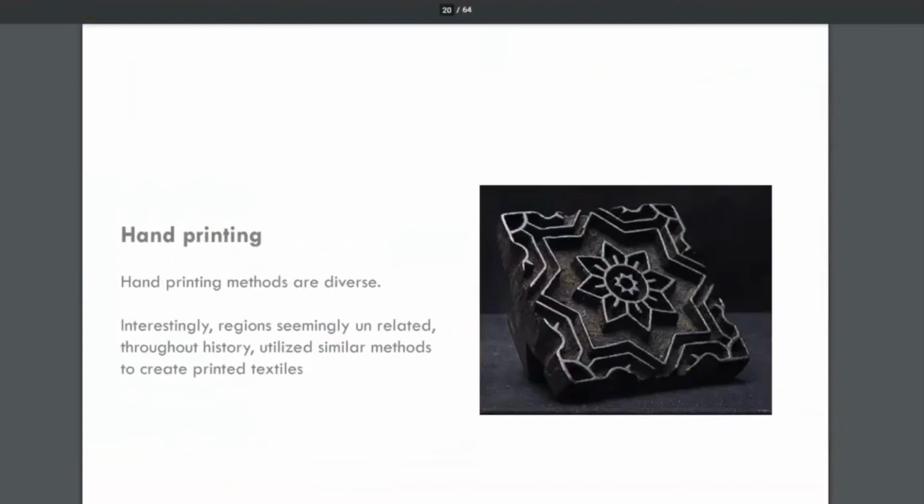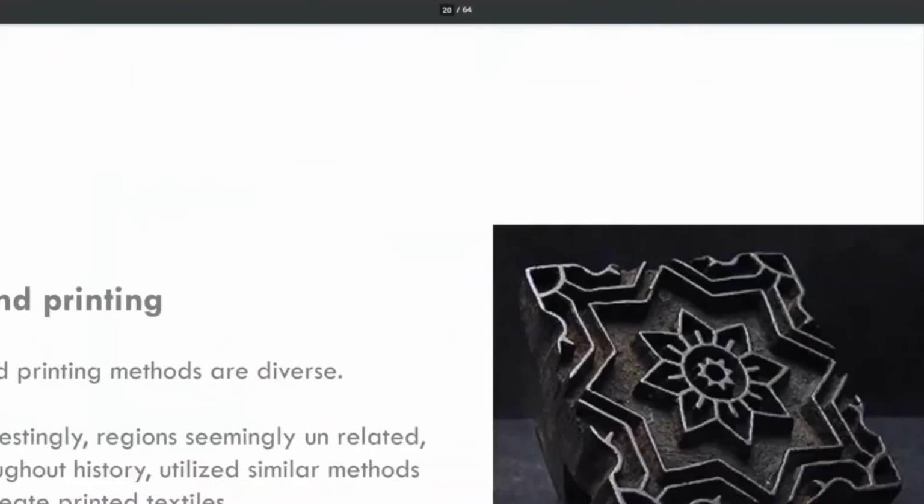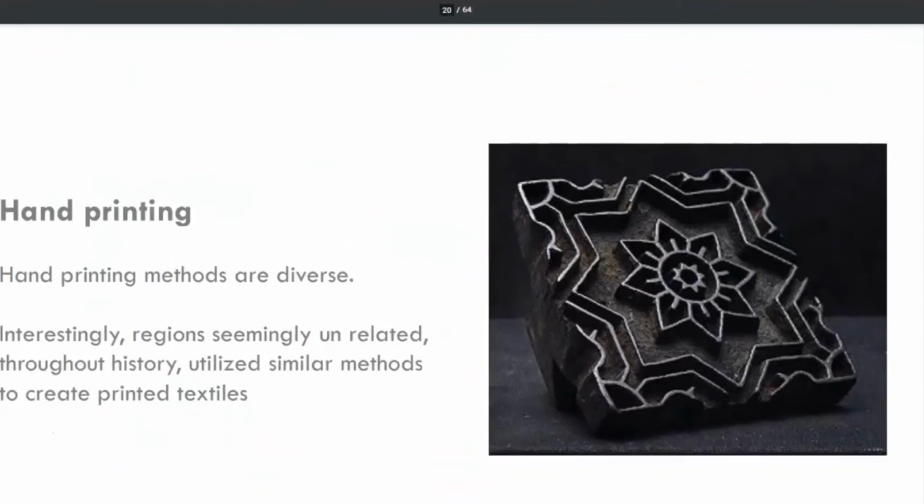And there are different types of printing methods. The first we'll look at is hand printing. So hand printing methods are diverse. Man has sought to make his mark in the world on objects. And so different types of printing on textiles have been around for thousands of years.